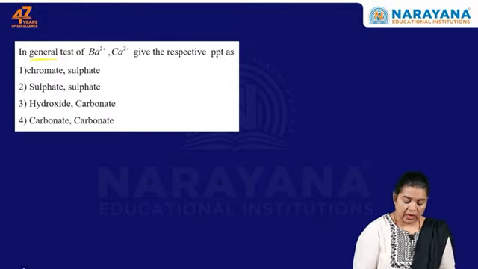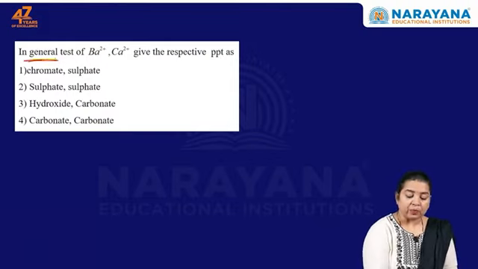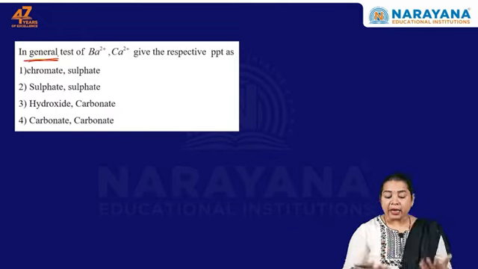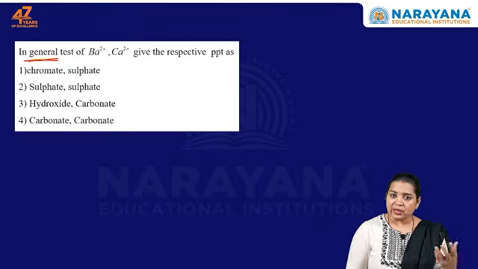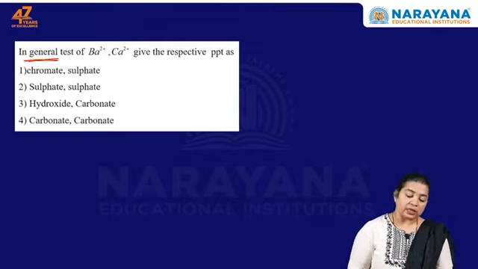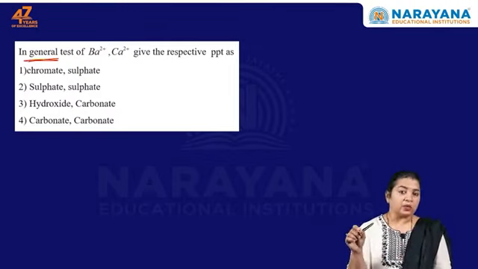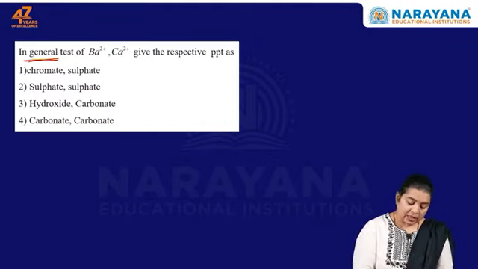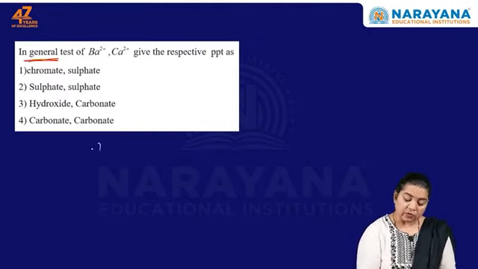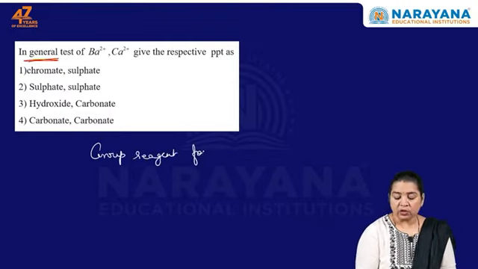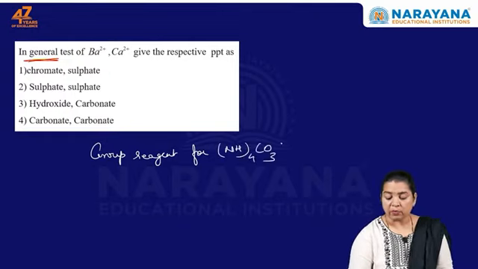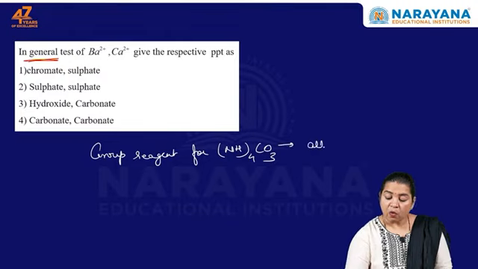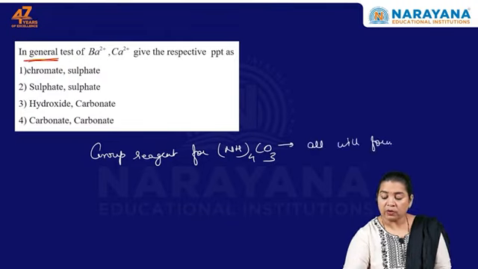This wording is not so clear, but if I take it that barium and calcium give a precipitate as a confirmatory test in qualitative analysis, then yes, we have a group reagent for this, ammonium carbonate, right? We have ammonium carbonate, and then all will form carbonates.